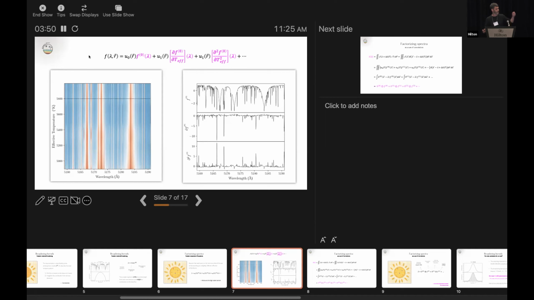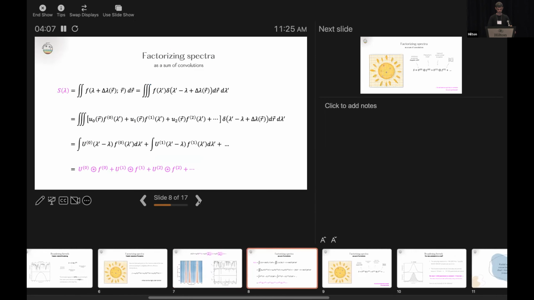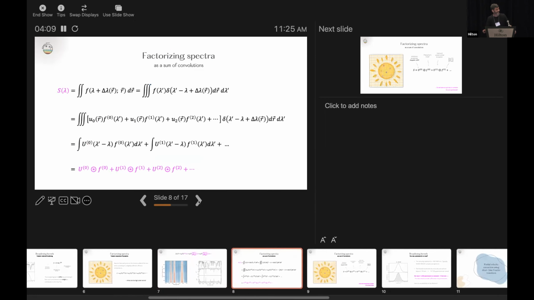Now, we can use this to estimate what happens per parcel on the surface of the star. But to do it in practice, we need, again, previously it was easier because all we needed was one convolution kernel, but now we need to propagate all these high order terms into how we represent the spectra.